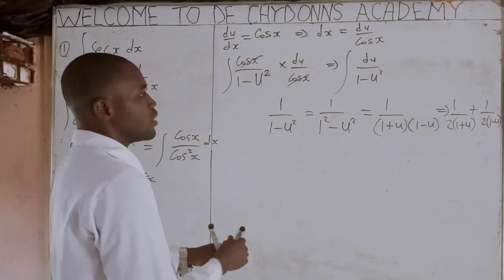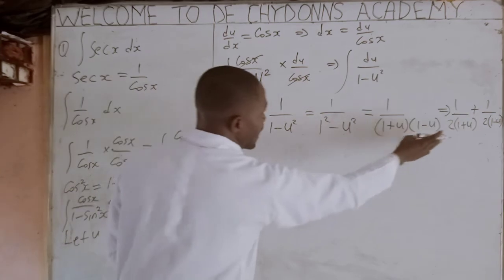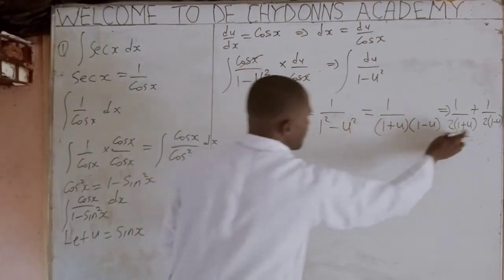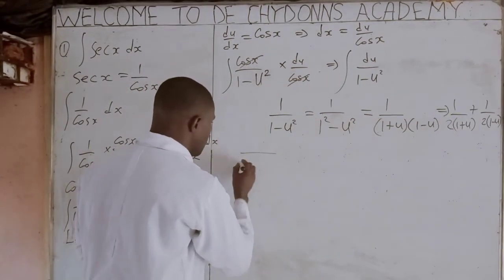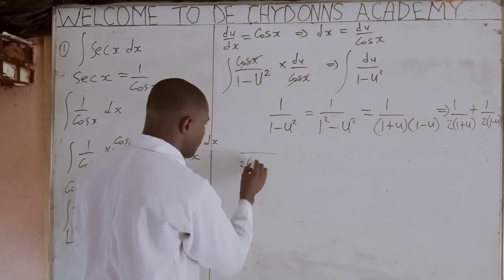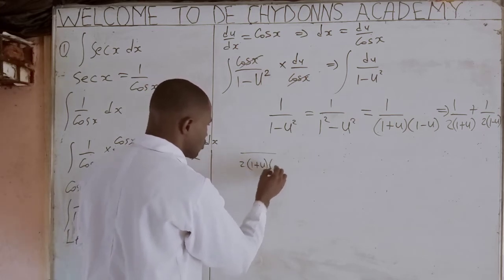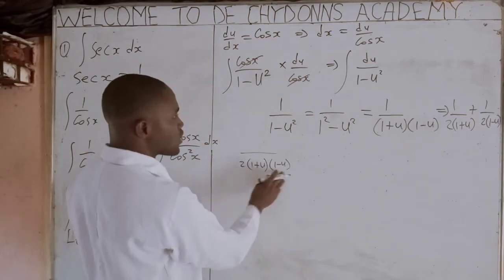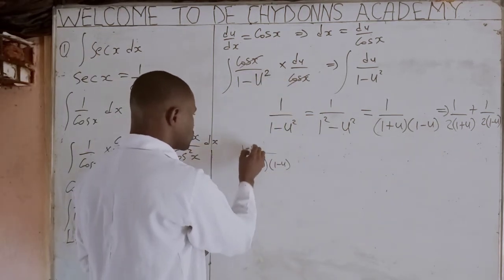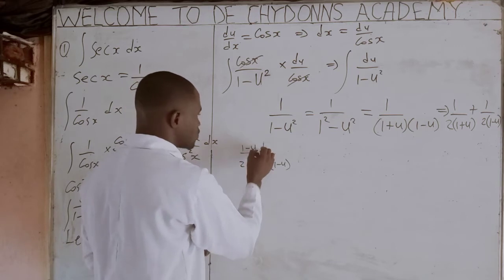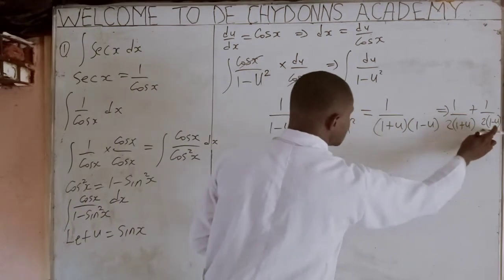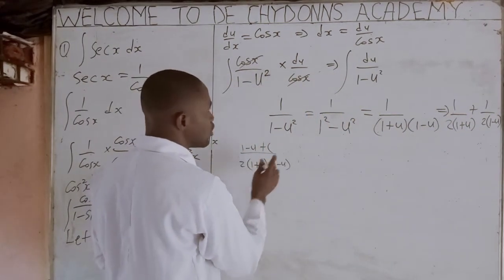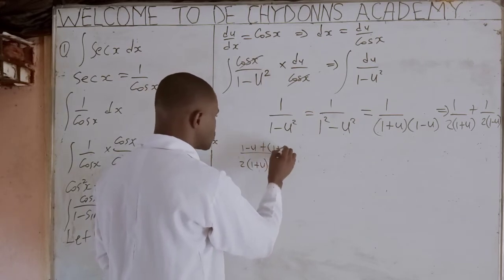Okay? If you are not clear with how I got this, simplify this. LCM will be 2(1 plus u)(1 minus u). Then I divide this, it will give you 1 minus u, plus this divided, it will give you 1 plus u.